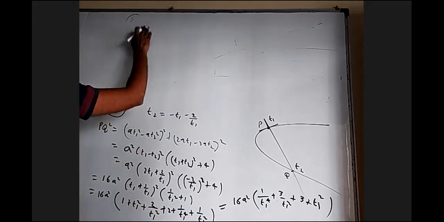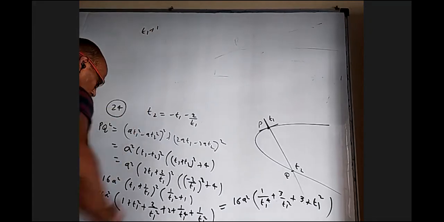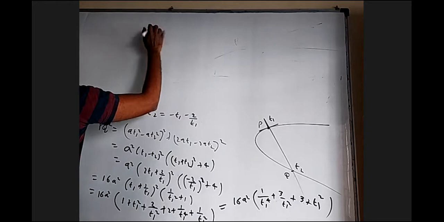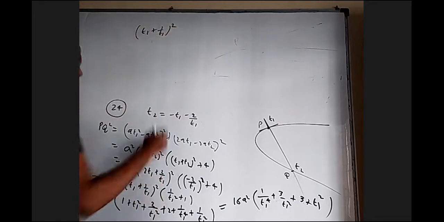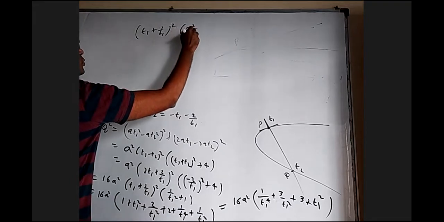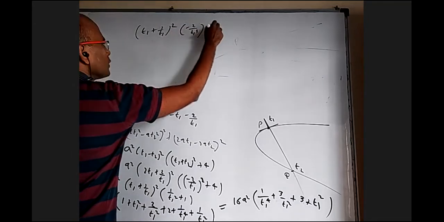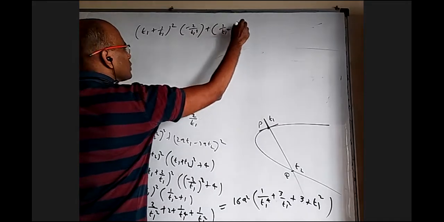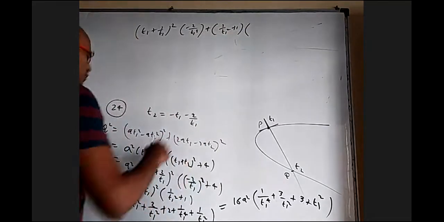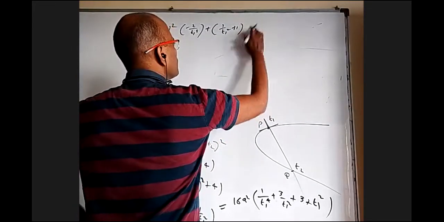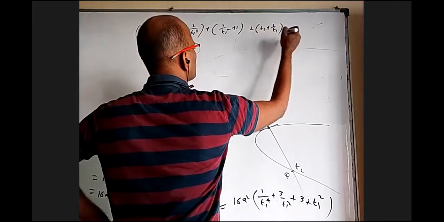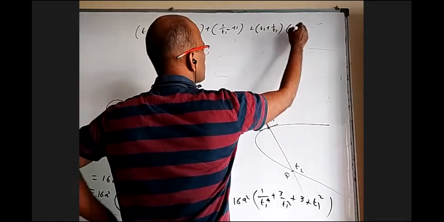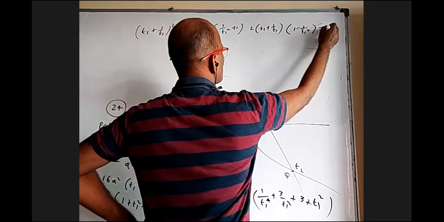So we'll get (T1 plus 1 by T1) whole squared into the derivative of this, which is minus 2 by T1 cubed, plus (1 by T1 squared plus 1) into the derivative of this, which is 2 into (T1 plus 1 by T1) into the derivative of that part, 1 minus 1 by T1 squared, equal to 0.